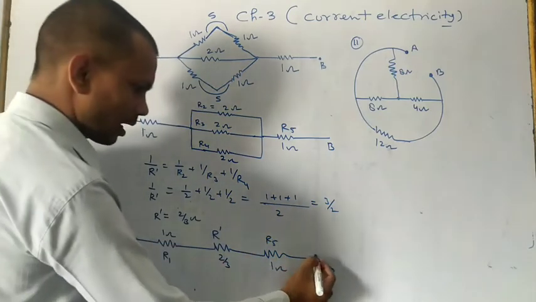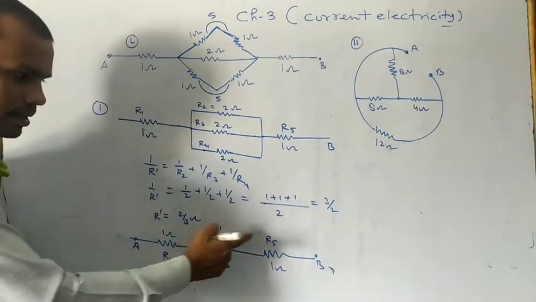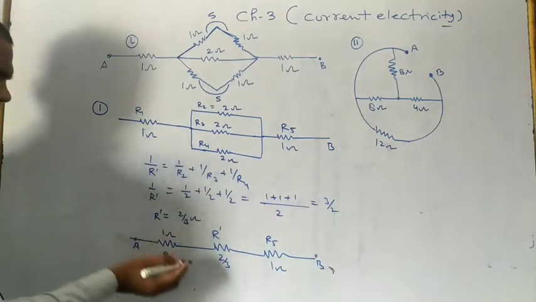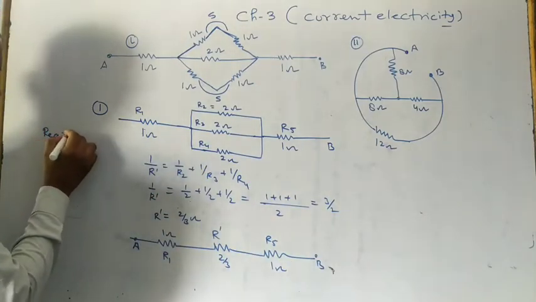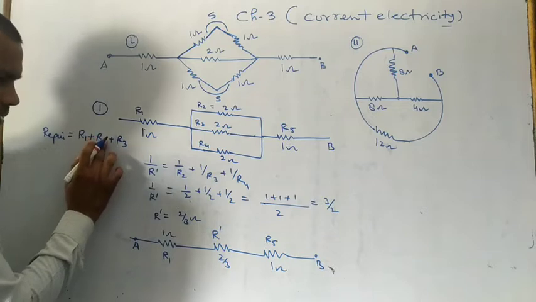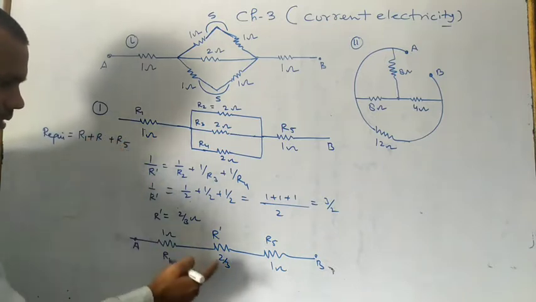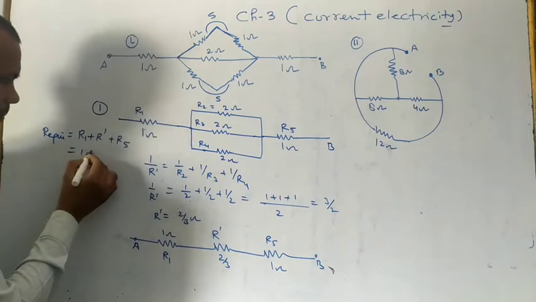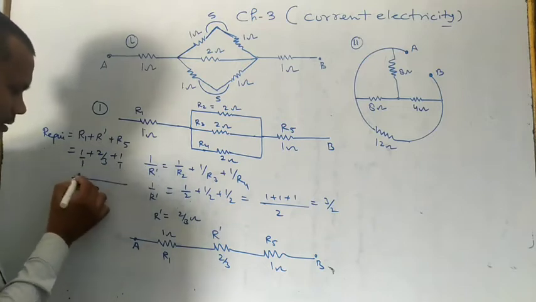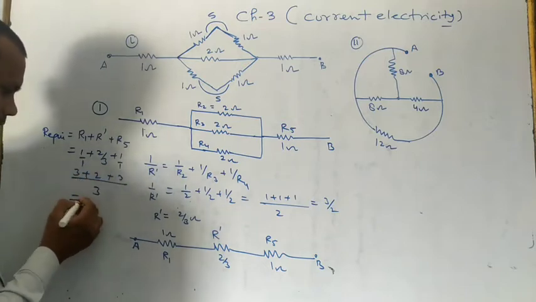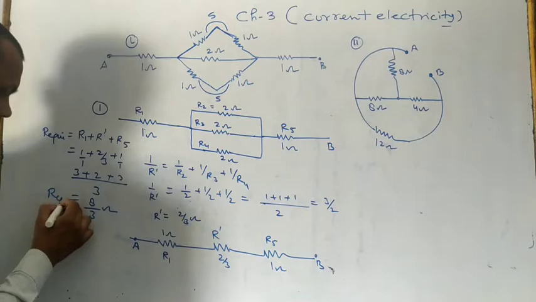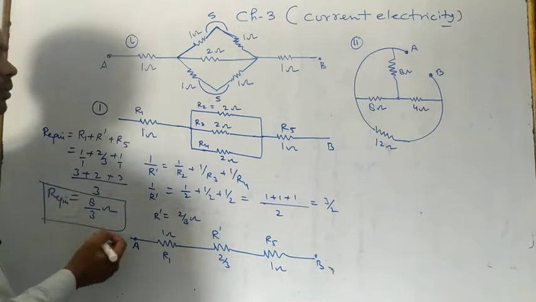Now all three resistances, R1, R dash and R5, are in series, because here it is a total series arrangement. So R equivalent = R1 + R dash + R5 = 1 + 2/3 + 1. The LCM is 3, so 3 plus 2 plus 3 is 8, which gives 8/3 ohm. So R equivalent is 8/3 ohm, right?